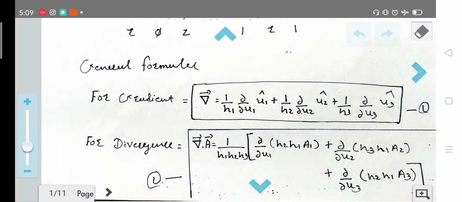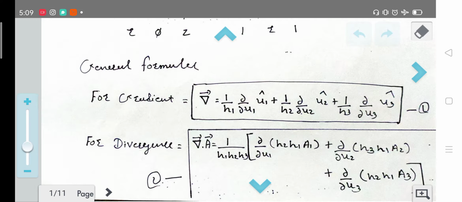What you have to do is, if you are considering u1, you take the other two terms, h2 and h3. If you are considering u2, here will be h3 and h1. If you are considering u3, here we will have h2 and h1.